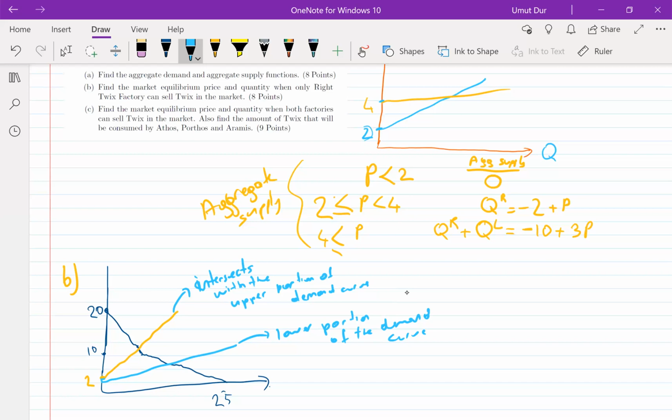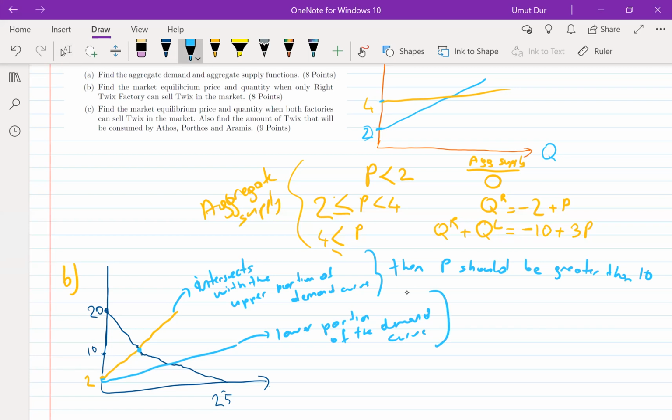And what we are doing here is basically, we will check this possibility, okay? The demand curve and supply curve intersect with the upper portion, when the price is greater than 10, then P should be greater than 10.